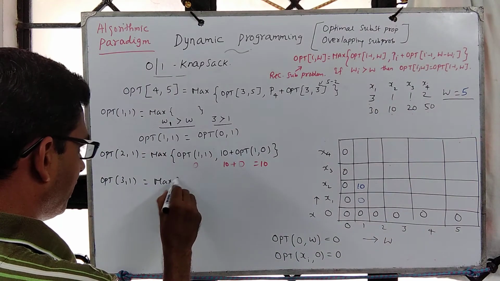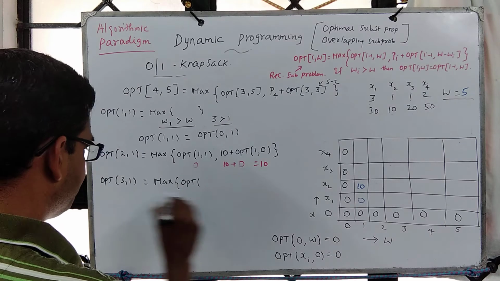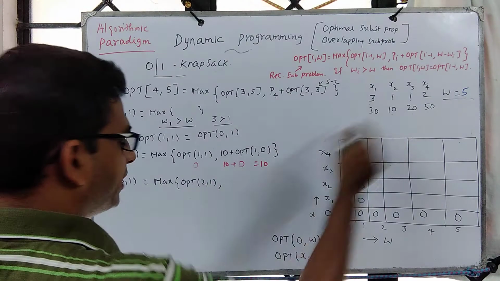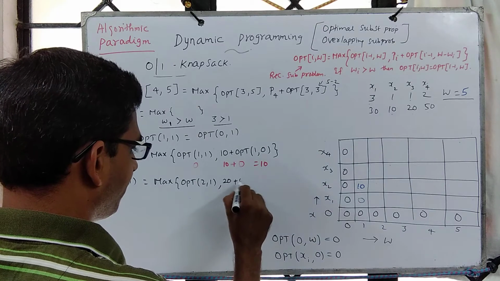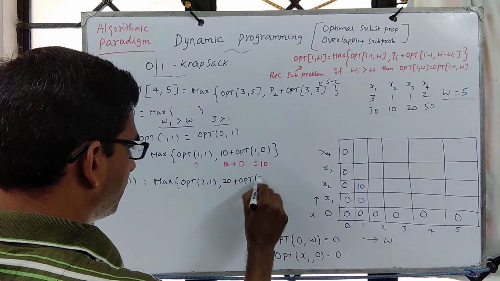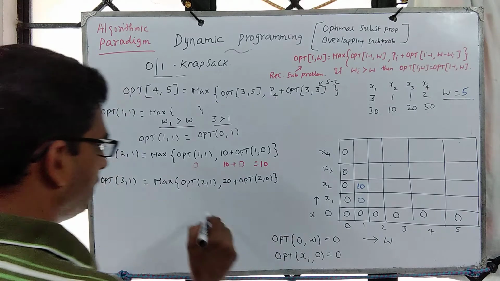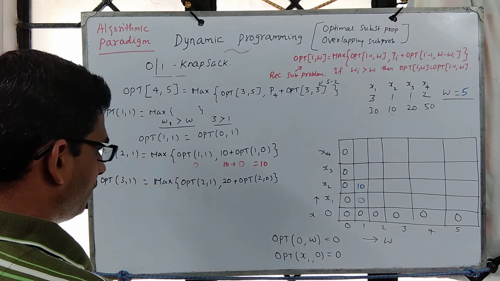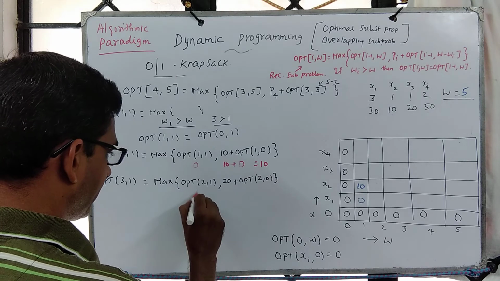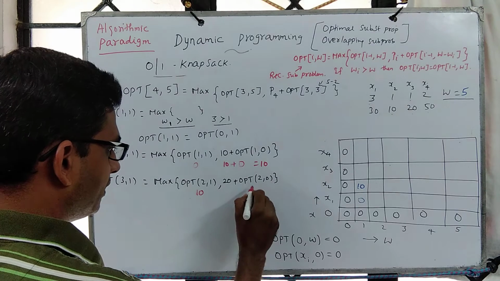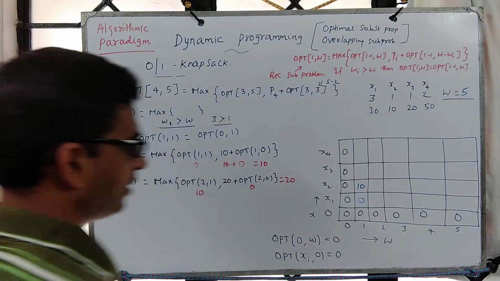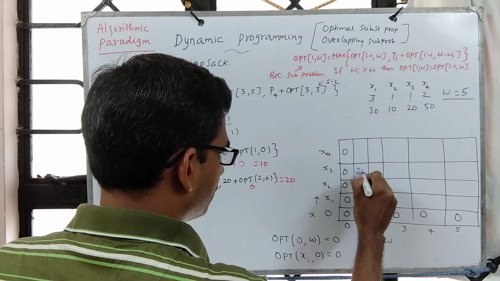So we get max of opt of 2 comma 1, or include third object, get a profit of 20, and work with the subproblem 2 comma 0. We know 2 comma 1 just now we have calculated. So the value of 2 comma 1 is 10, and this value is 0. So max profit is 20, and update this to 20.